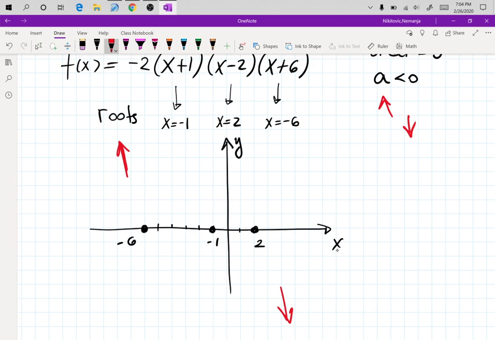If the root is a single root, you just shoot straight through the x-axis. Do we see that we need to bend so we can go through the other point? I need to bend over here so I can cut through this one and then bend to meet that one. There's only one way this can go.